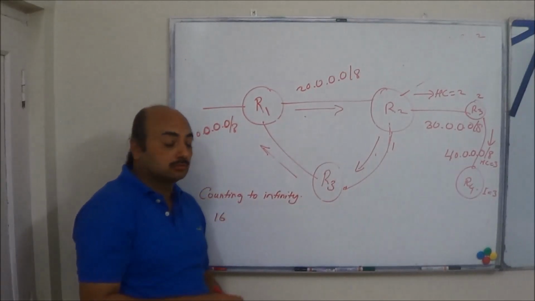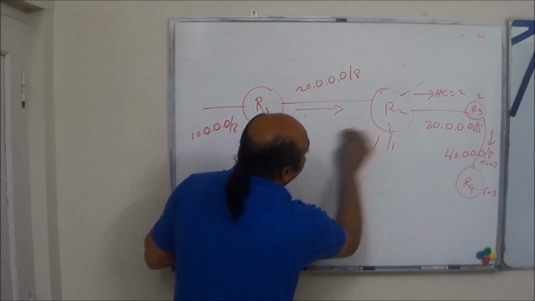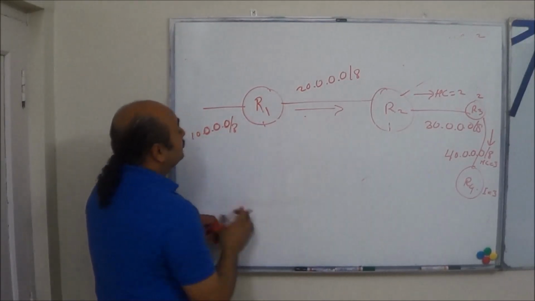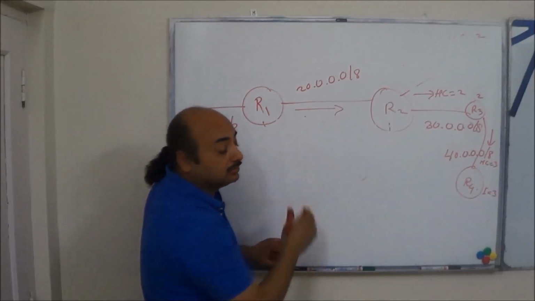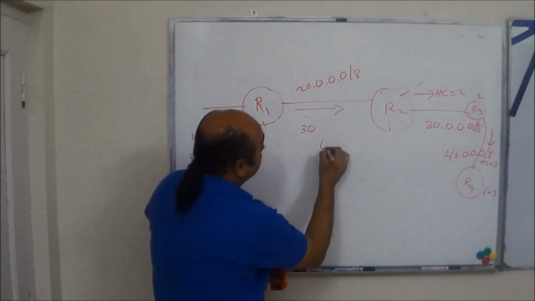Next thing, timers. R1 is going to send information about this to R2 every 30 seconds. So this is one timer, known as the update timer.